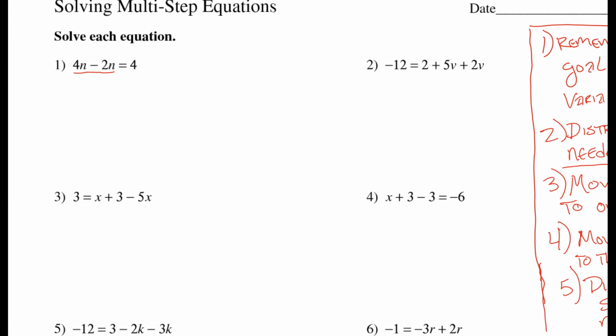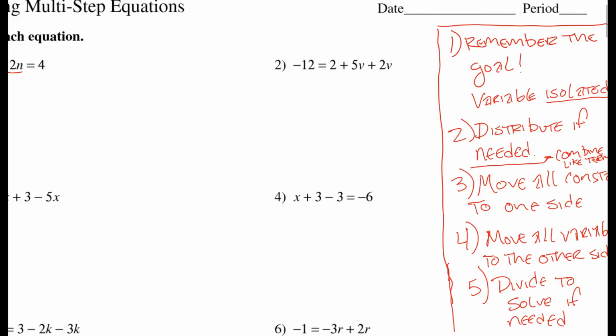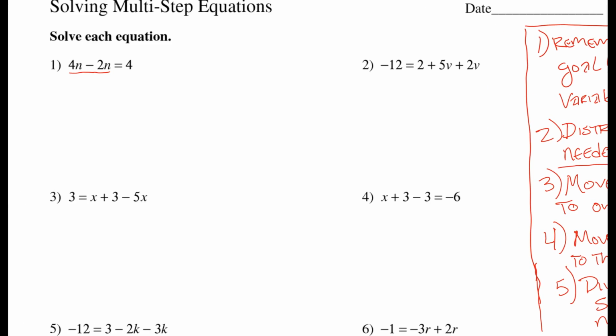I do not. I do not have any parentheses to distribute through. So step 2 is done. Now let's combine our like terms. Do I have any like terms? Well, yes, I have 4n minus 2n. So I'm going to do that. 4n minus 2n gives me 2n equals 4.